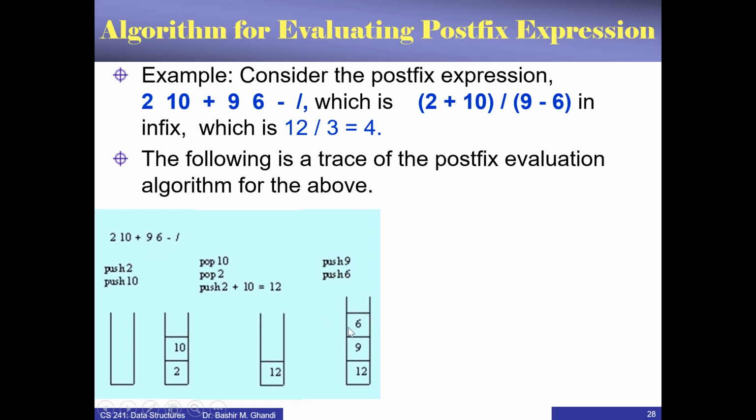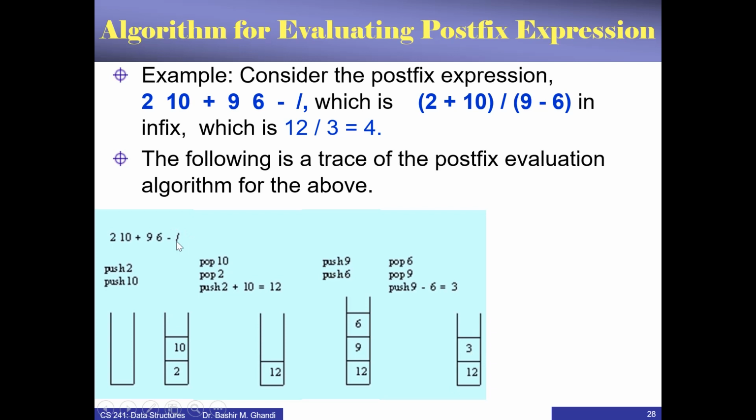Anyway, the one you pop first is going to be 6, so it should be to the right. Then minus, then the one you're going to pop second, which is 9. So basically you're going to have 9 minus 6, which is 3. So push that 3 back in the stack.